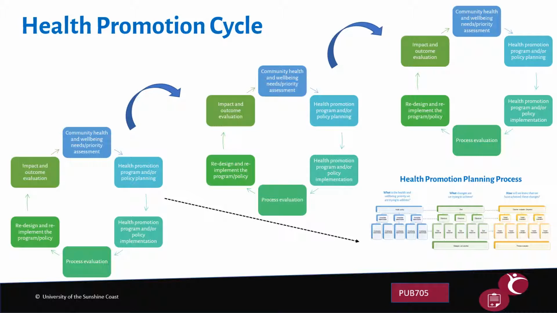From there, we are able to develop our evaluation to evaluate those goals and objectives. And what the evaluation tells us is how well or whether or not we know that we have achieved the changes that we've planned to achieve and that we've specified in our goals and objectives.